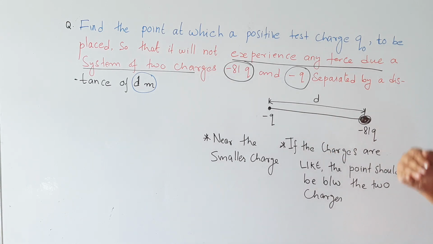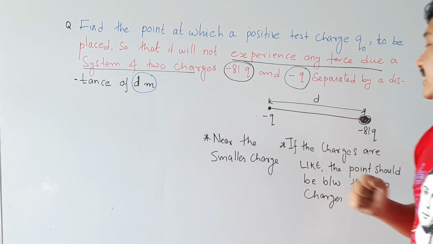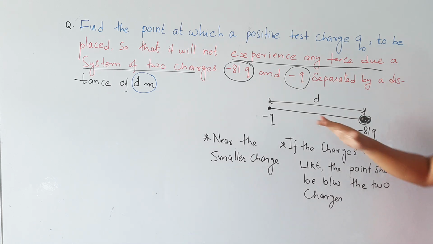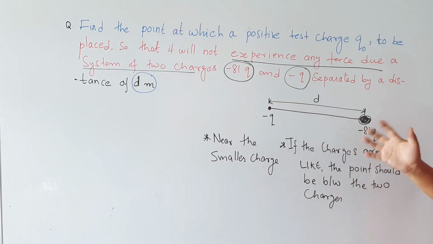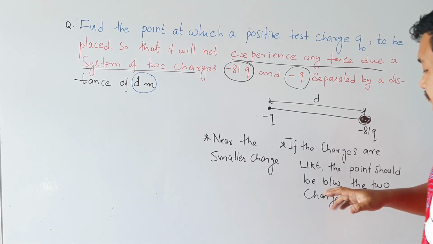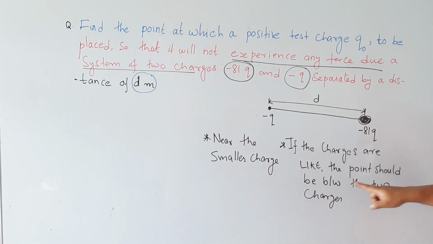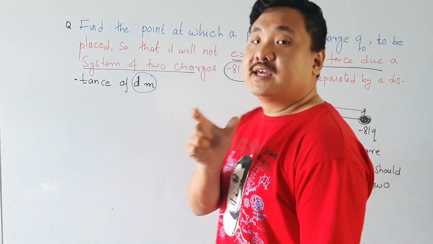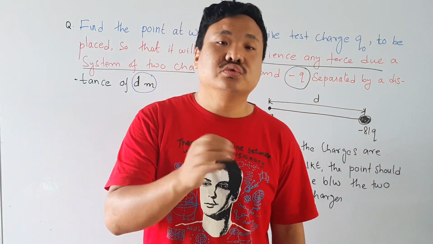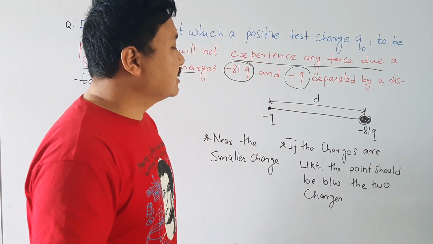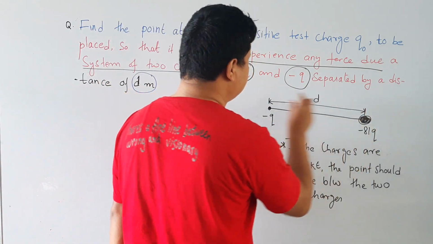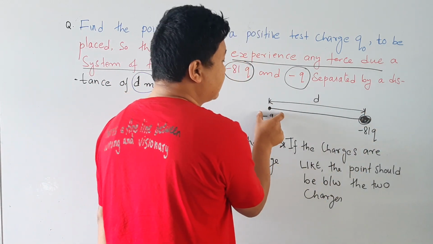Now where should the point lie for like charges? If the charges are like charges, then the point should be between the two charges, not here, not even here, but between this charge and this charge.